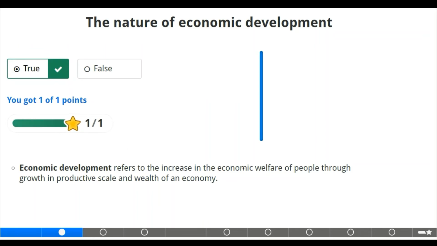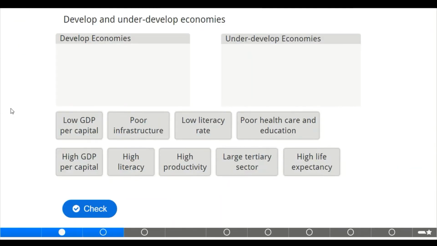Now let us check here. If we move to the next slide, we now have what is known as developed and underdeveloped economies. Which country do we categorize under developed and underdeveloped economy?